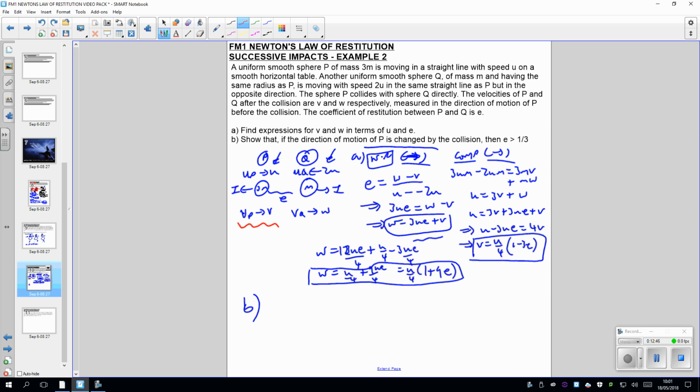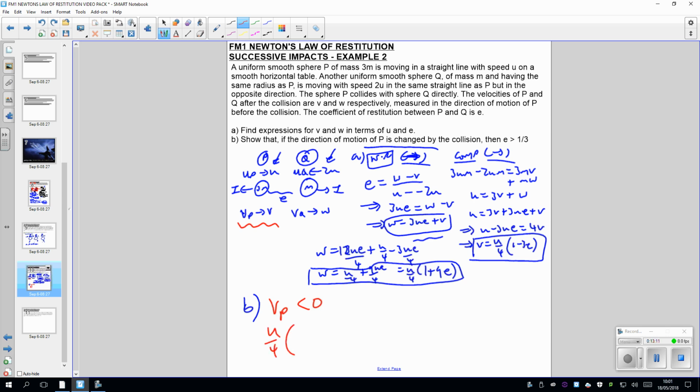The direction of the motion has changed, which means VP can't be positive. VP must be negative, right? Because I assumed positive was to the right, but actually it's going to the left, so I need to times my answer by minus 1 effectively. Well, forget what I said about timesing it by minus 1.